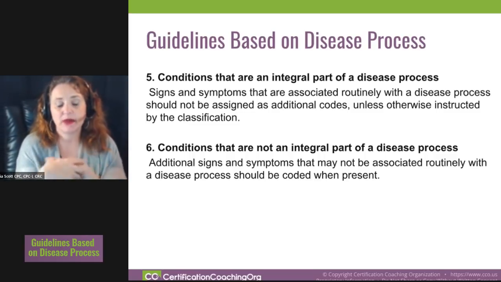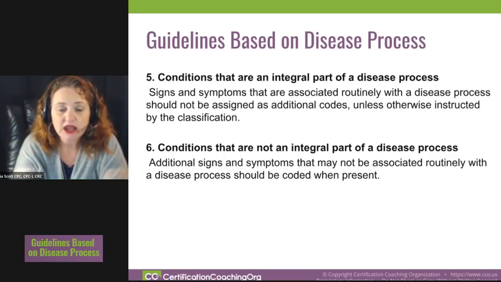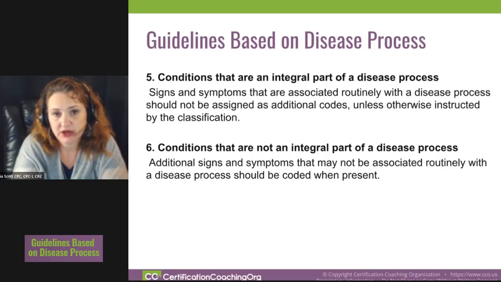So let's use rheumatoid arthritis, for example. If you have a patient with a diagnosis of rheumatoid arthritis and they come in to see their PCP and they've got a rash and a fever and a sore throat, okay? Now, which of those signs and symptoms could be associated with rheumatoid arthritis? First of all, you have to understand rheumatoid arthritis isn't like other arthritis.